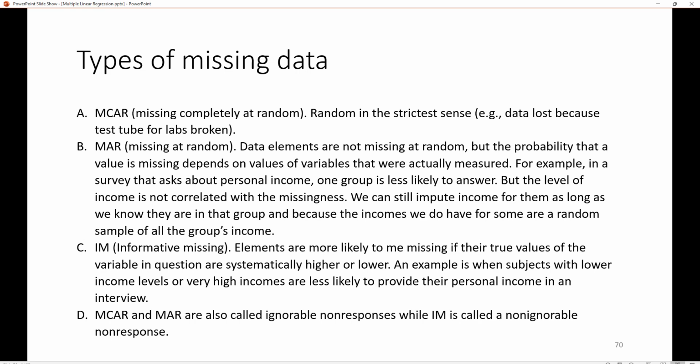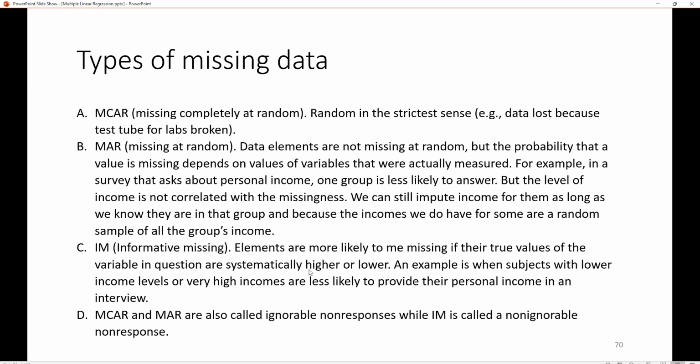And as we go down these further levels, especially for informative missing, we might see that there's a pattern to why we have missing data, and it may be that missingness is highly correlated with the actual outcome. So we're going to have somewhat biased results in some situations because of missing data. We might just be looking at a certain set of data, a subsample. So we have to consider if we want to use these variables.